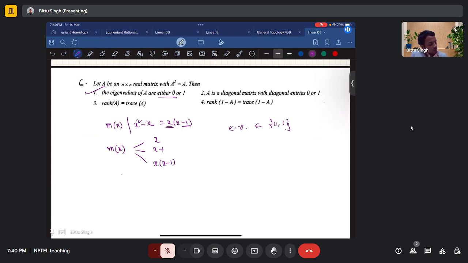From here it is clear that the matrix A is diagonalizable, because the minimal polynomial is just a product of distinct factors, and the degrees of those factors are actually 1. That's why A is diagonalizable.